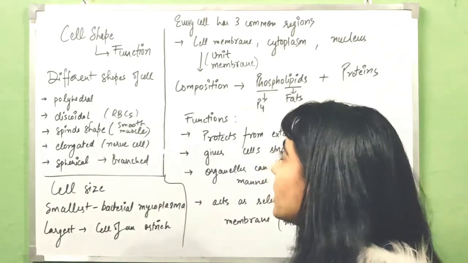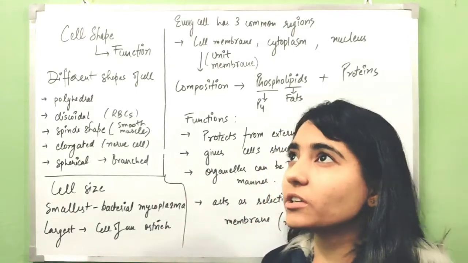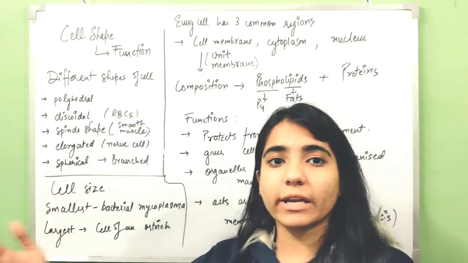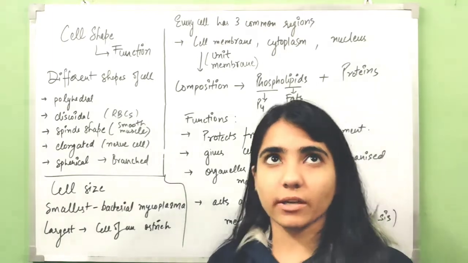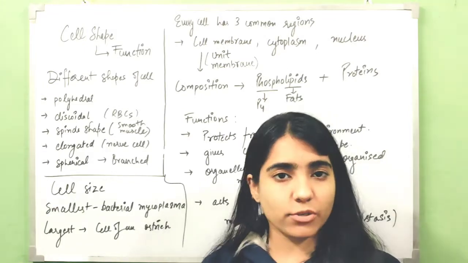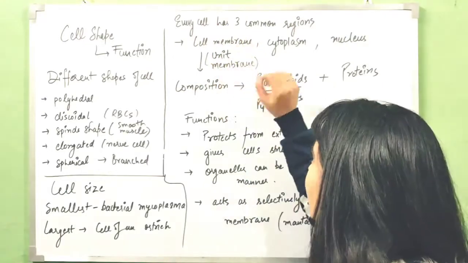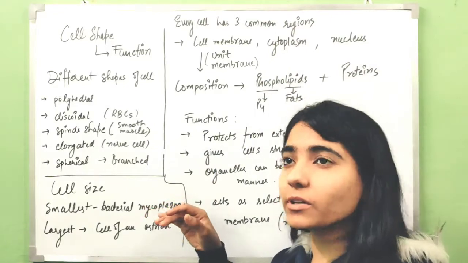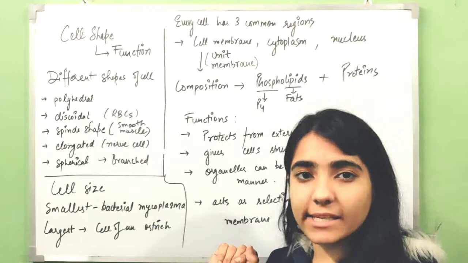Now coming to the next part, the main part of this chapter, we'll learn about the structure of the different organelles, their structure and their functions. So guys, when we talk about a cell, there are 3 common regions that we can find in each of the cells, and these 3 common regions are cell membrane, cytoplasm and nucleus. In our previous class I told you about the cell membrane, which is the outer boundary of a cell.